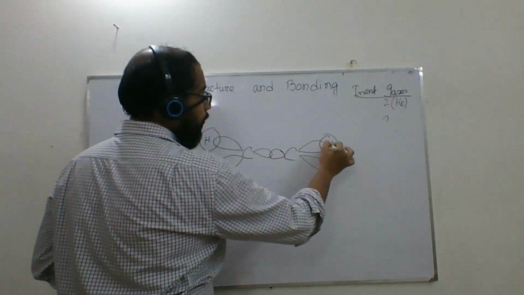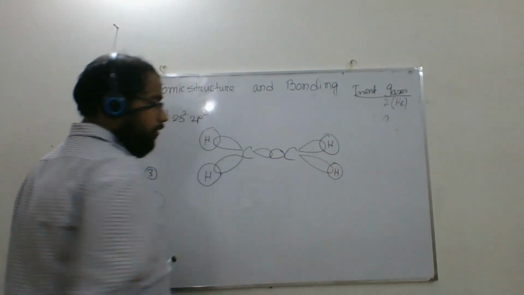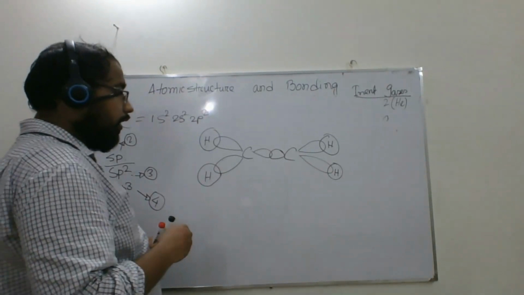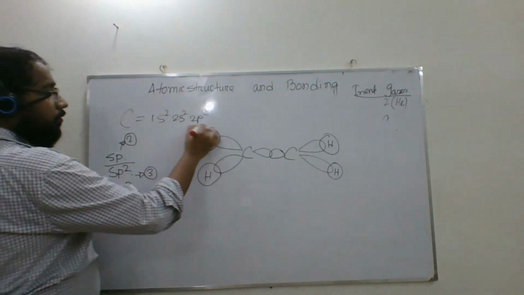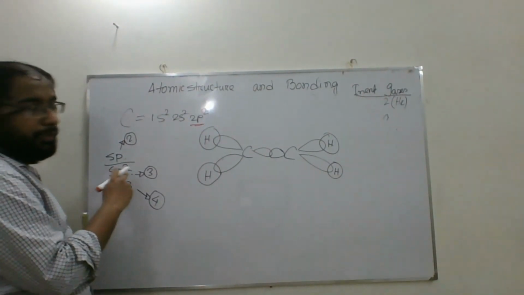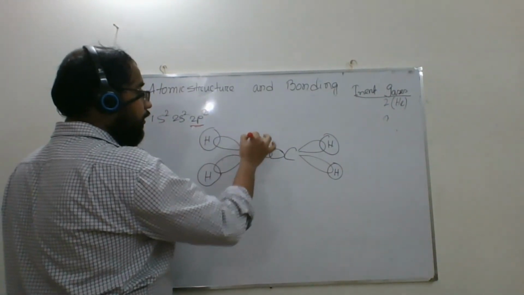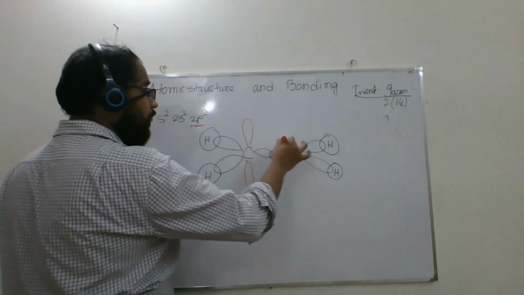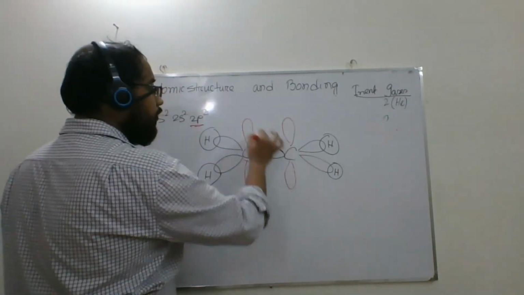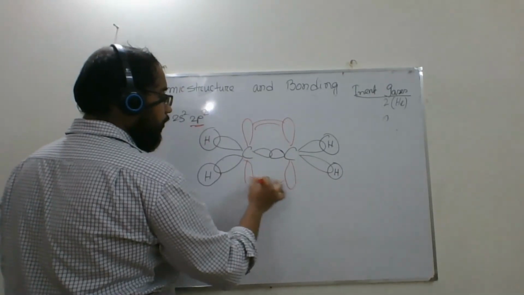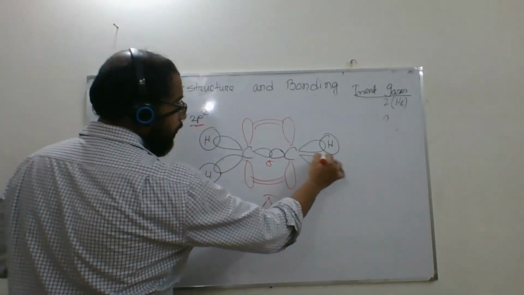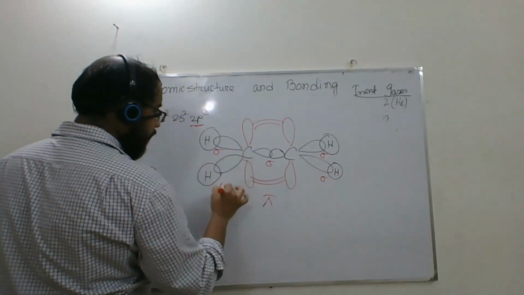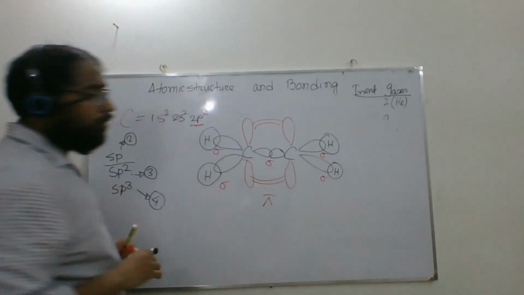These 2 also bind with 2 hydrogen. But one of the p orbitals is left, because from this 2p, there is another one left. This is a non-hybrid p orbital. So they bind with each other to form a pi bond. So there is sigma, sigma, sigma, sigma, sigma, and only one pi.